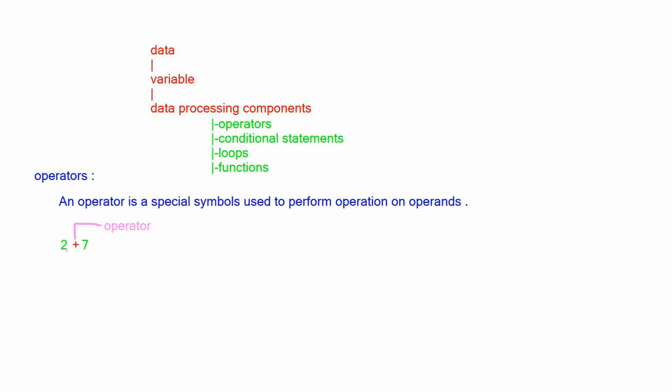What are the operands here? 2 and 7 are called operands. They are values as operands, and plus is the operator. When plus is applied on operands, some operation will happen and some result will be generated.